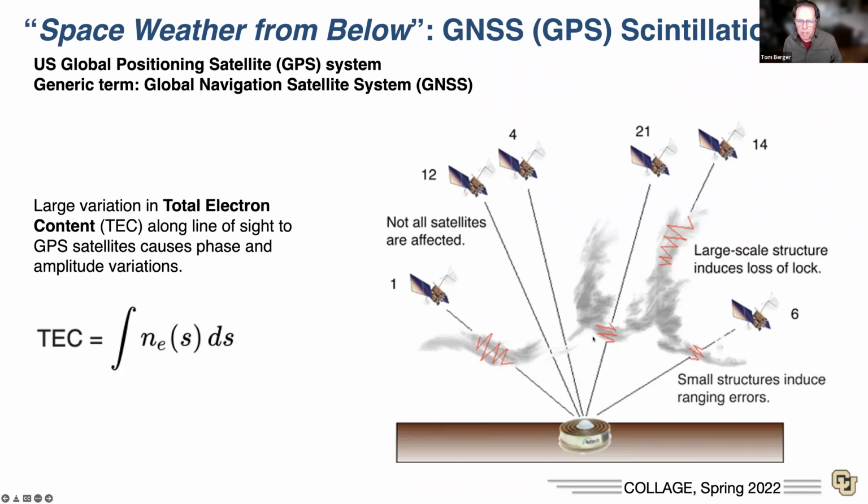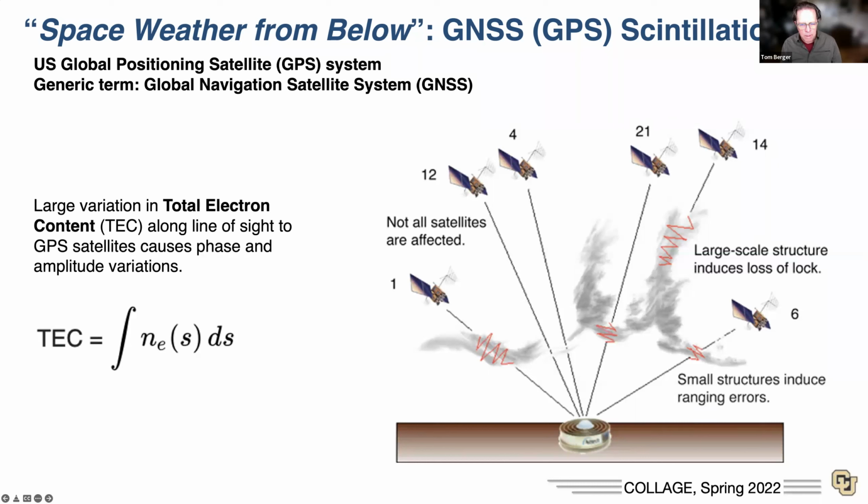So we talk about the variation in total electron content, or TEC. TEC is what you'll hear as the coin of the realm in ionospheric and GPS communications, and GPS navigation in particular. The total electron content of the ionosphere, in a perfect ionosphere, would be completely smooth all the time, and you wouldn't have to worry about it in terms of communication or GPS.